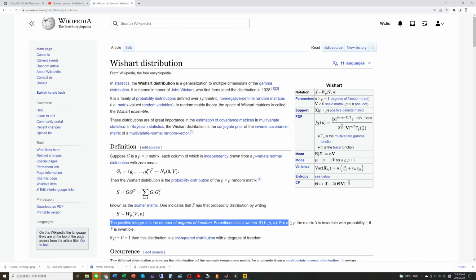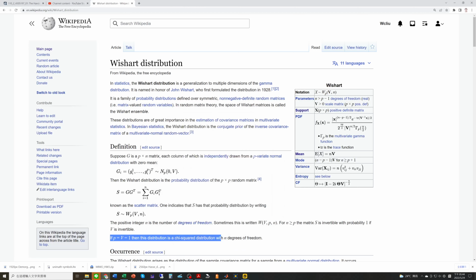For n greater than or equal to p, the matrix S is invertible with probability 1 if V is invertible. Please note that V is also a matrix. If p = V = 1, then this distribution is a chi-square distribution with n degrees of freedom. Okay, this is the Wishart distribution.